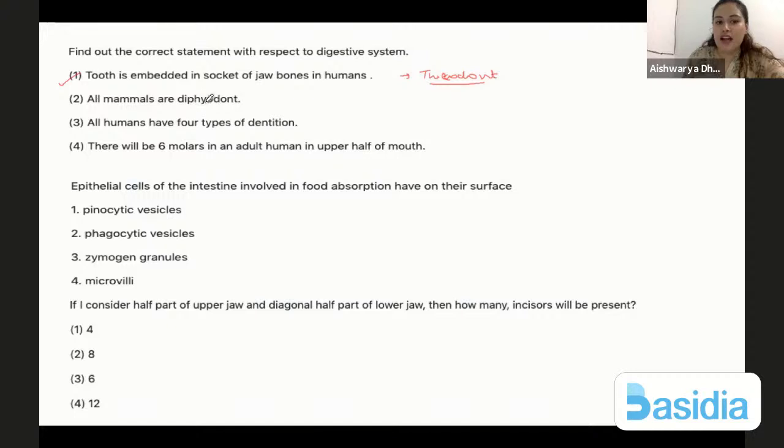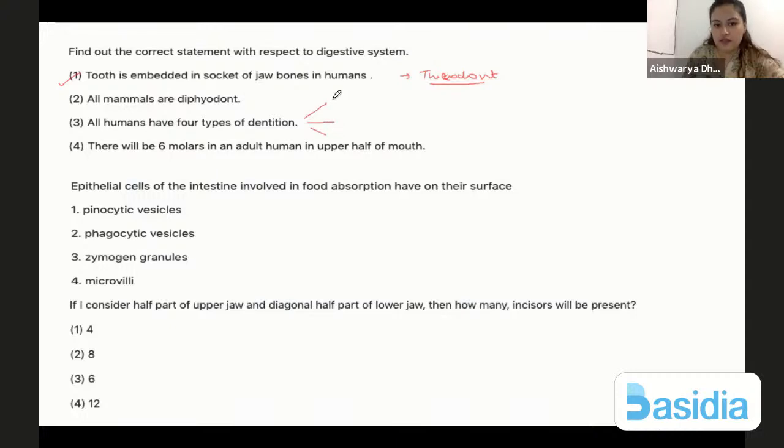All mammals are diphyodont. This is not the case. Not all mammals are diphyodont. Most of them have only one set of teeth. They usually don't have permanent and milk teeth like humans. So they are not all diphyodont. All humans have 4 types of dentition. If you look at the dentition, we have thecodont, diphyodont, and heterodont.